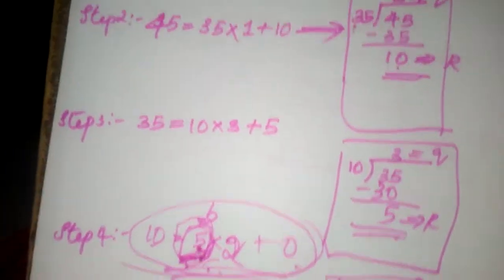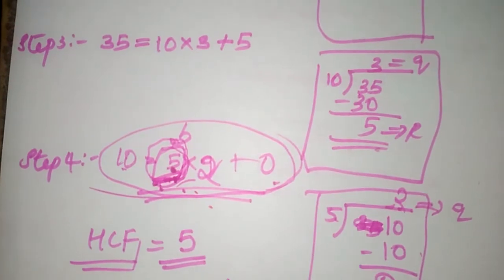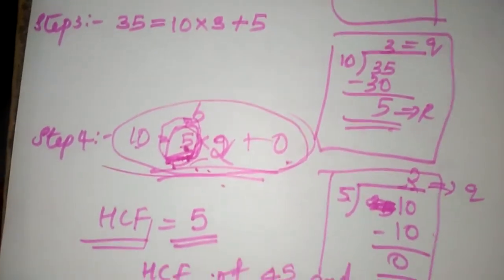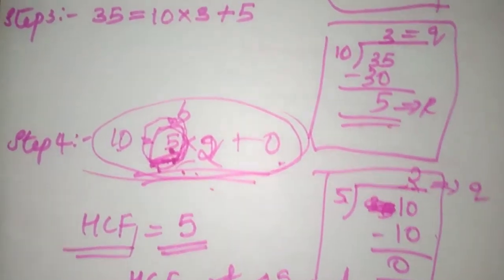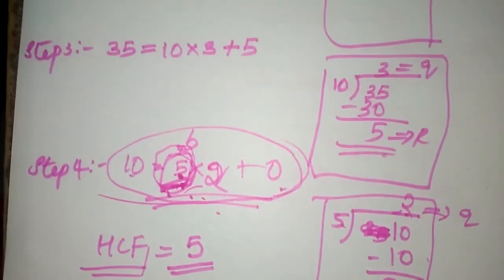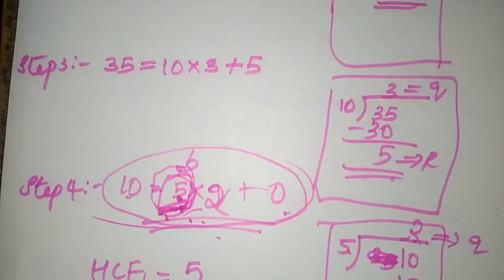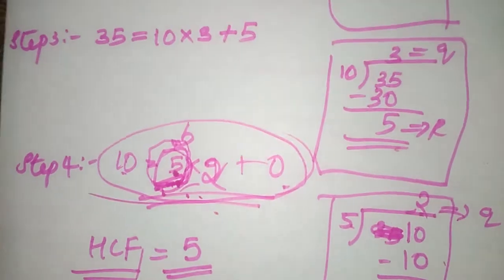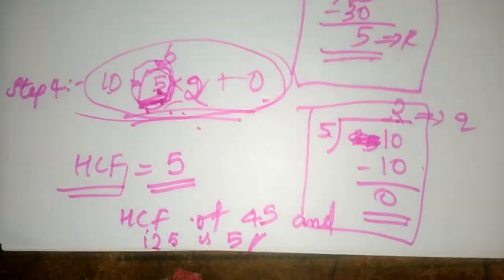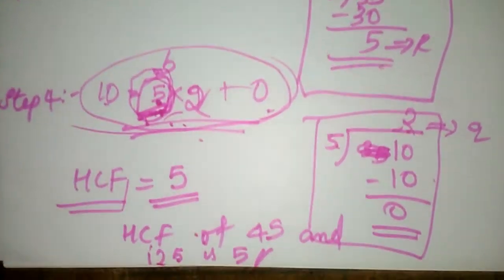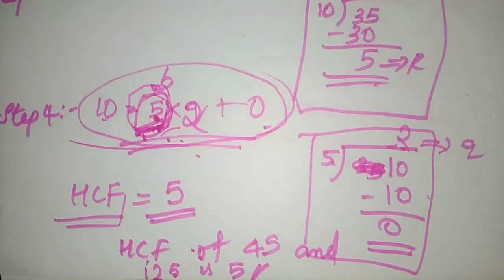Then at last we get remainder 0. From this step we write the HCF: the number b, that means 5. Here 5 is b, and 5 is the highest common factor. The HCF of 45 and 125 is 5. I think you should understand this now.